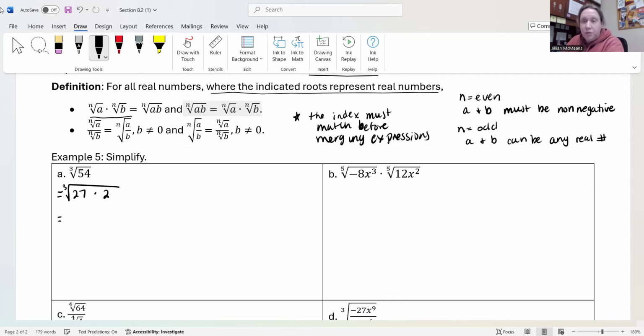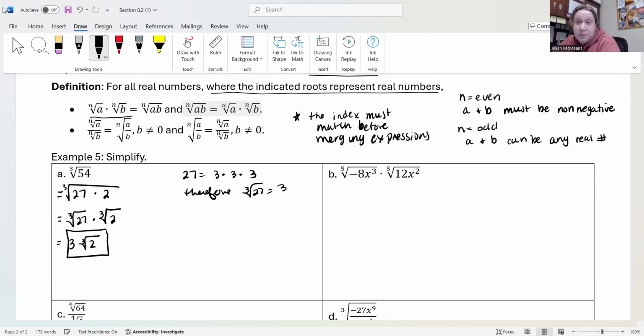Well, using that product rule for radical expressions, we can break this single radical into a product of radicals. So this would be the cube root of 27 times the cube root of 2. And it just so happens 27 is a perfect cube. 27 is the same as 3 times 3 times 3. Therefore, the cube root of 27 is 3. So we're just left with 3 times the cube root of 2. That is the cube root of 54 in its most simplified form.